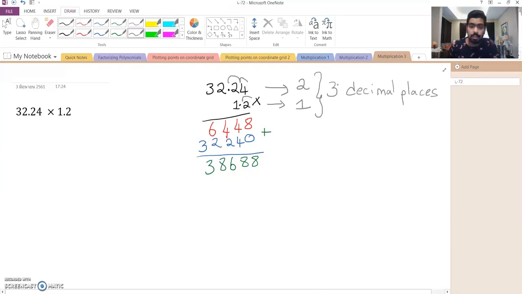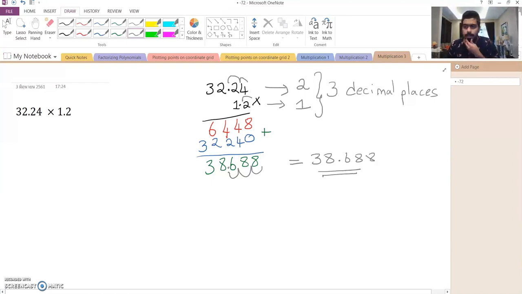If we have 3 decimal places in the question, the answer should also have 3 decimal places. So we go 1, 2, and 3 and put the decimal point right here. So the final answer for this question would be 38.688.